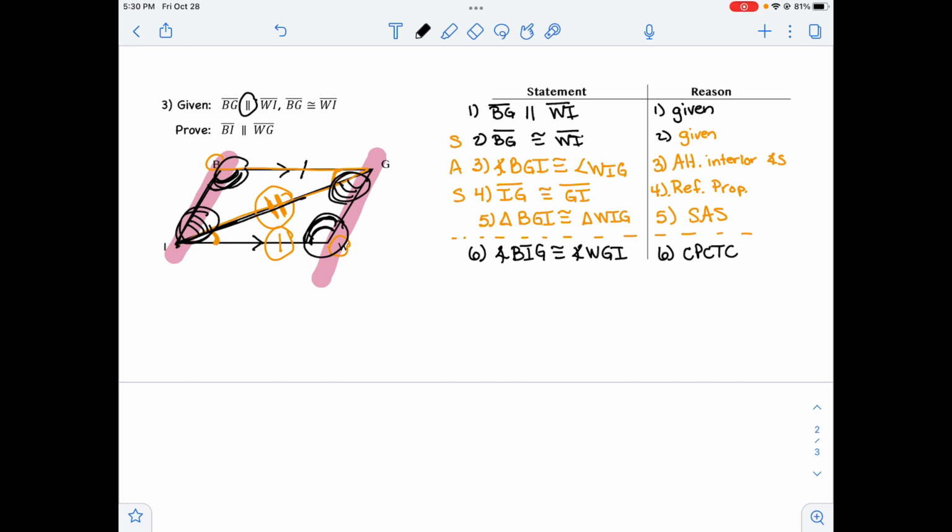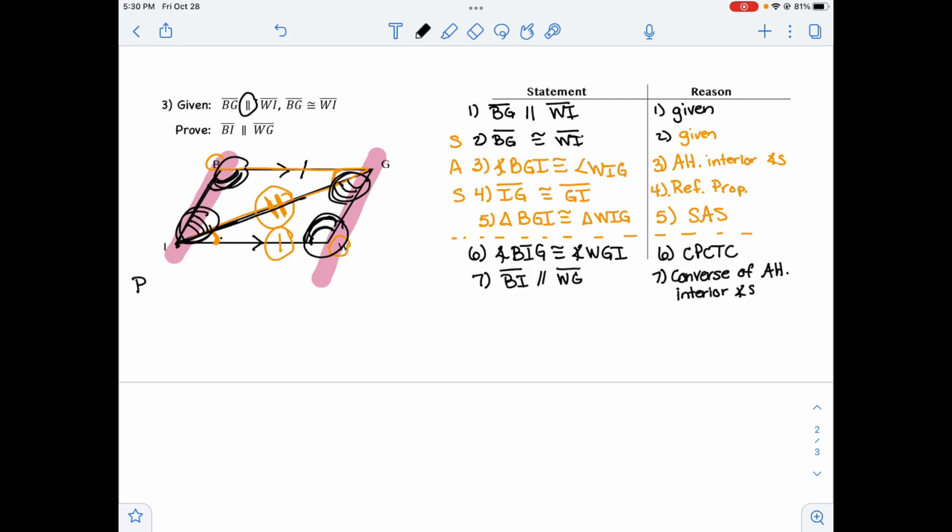Now that we've proven these angles on the other side of the transversal are congruent with alternate interior and CPCTC, we now can prove that segment BI is parallel to WG, and the reason we know that is because we have the converse theorem. So we're going to use the converse of alternate interior angles. So we're going to make a couple of notes.